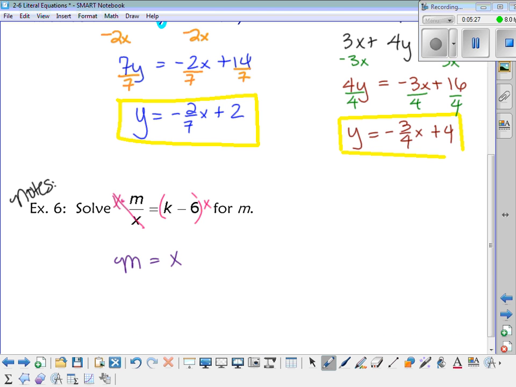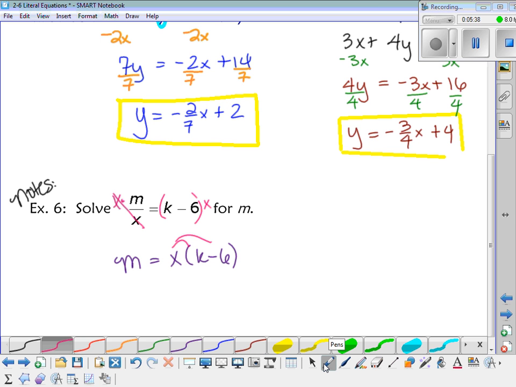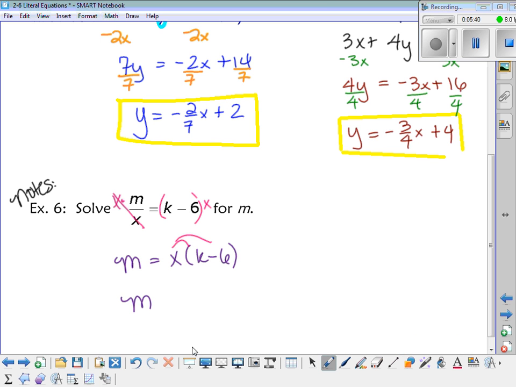So I've got x times k minus 6, or you can write it k minus 6 times x, it doesn't matter. But the next thing I would do then is distribute my x to both terms in the parentheses, and I get that m is equal to kx minus 6x.